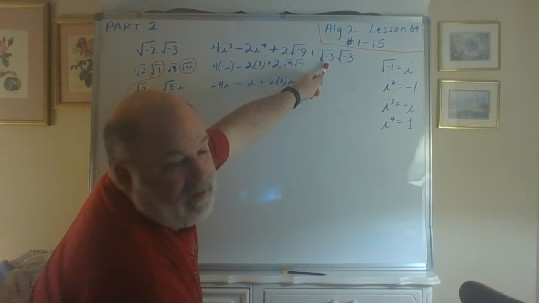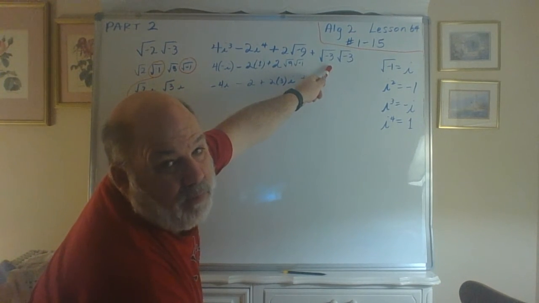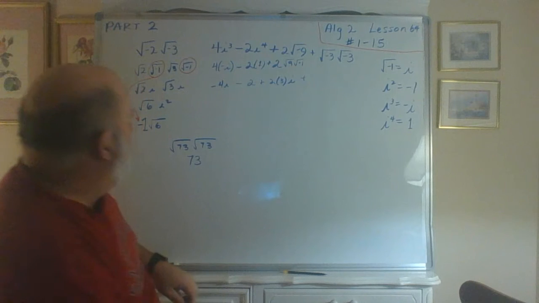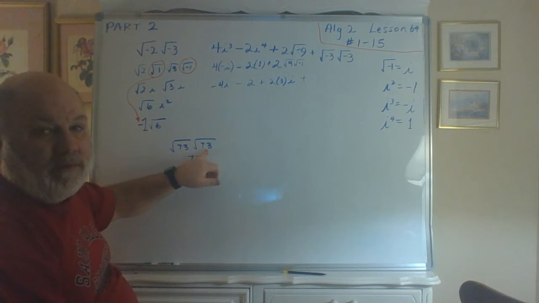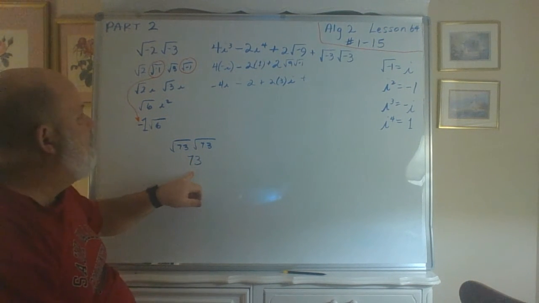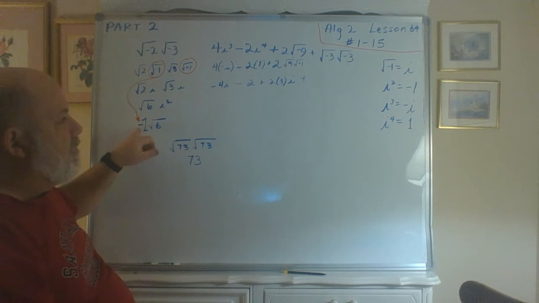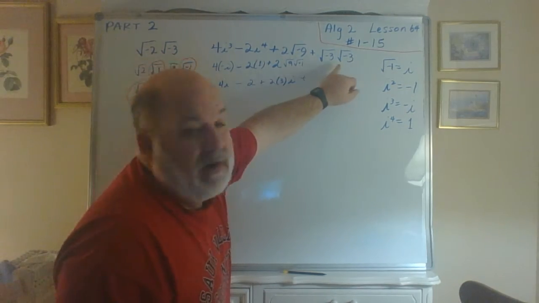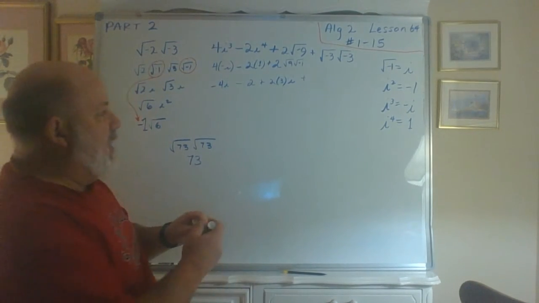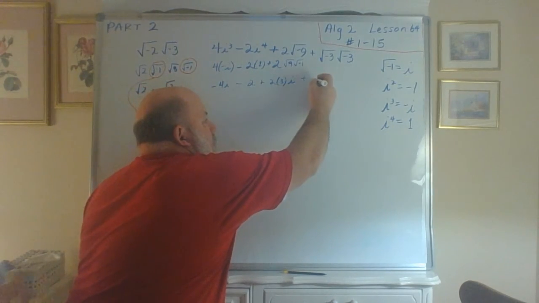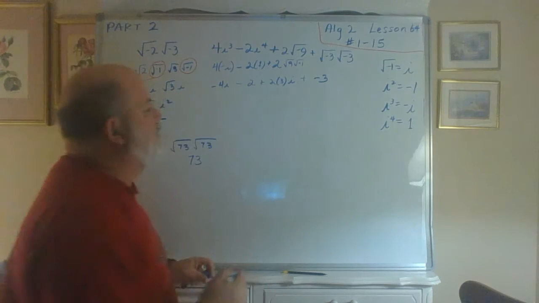Over here, I don't need to take this letter i out of that -3 or that -3 like I did here. The square root of 73 times the square root of 73 is 73. The square root of -1 times the square root of -1 is -1. The square root of -3 times the square root of -3 is -3.